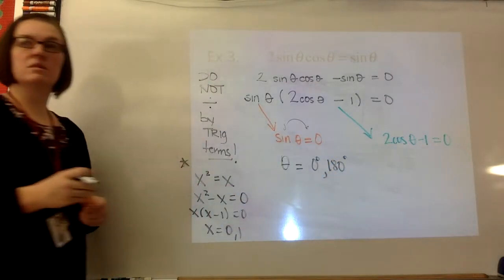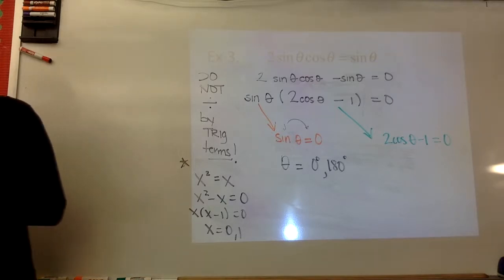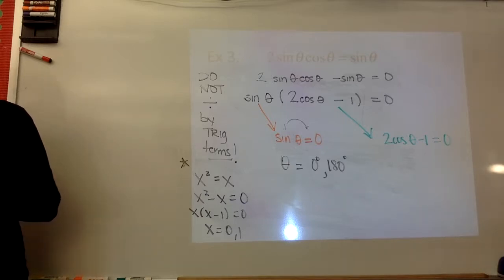So there's 2 solutions from the orange equation. No, I said it can't be 360. If you're thinking 360, substitute 0 because they're coterminal.